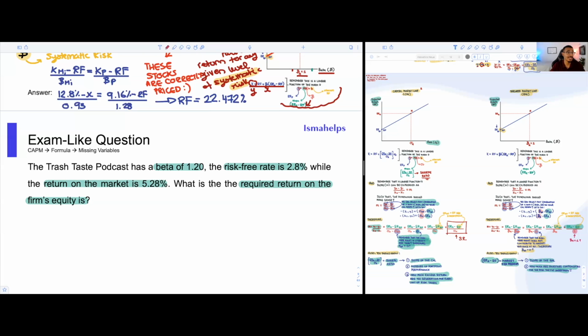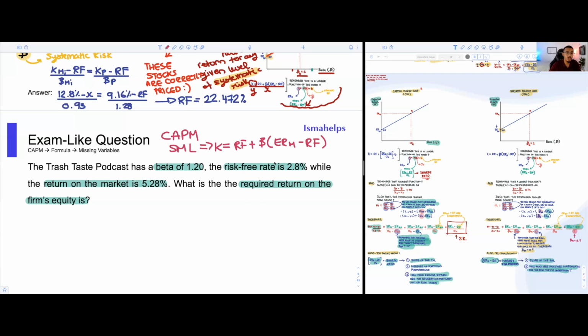It's as easy as that, okay? So we know that CAPM has a formula for the SML, the security market line, and it's equal to K equals RF plus beta times the market risk premium, which is ERM minus RF, okay?